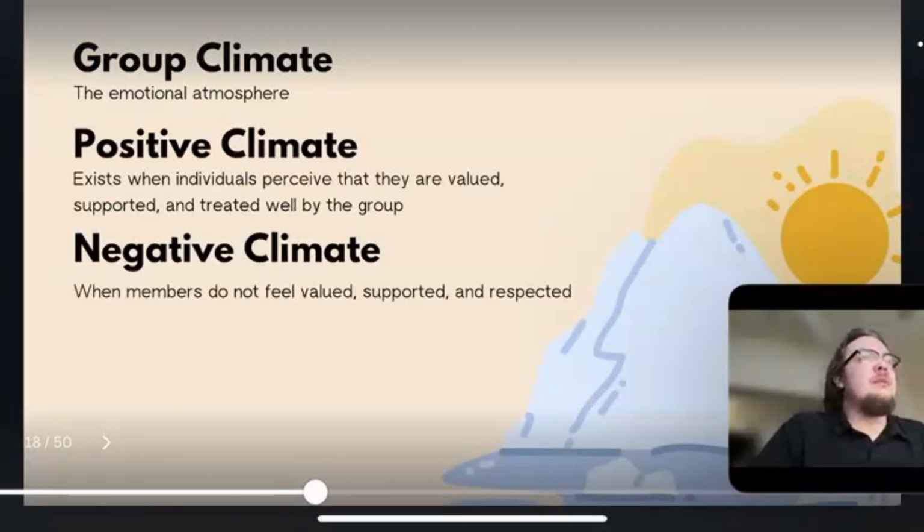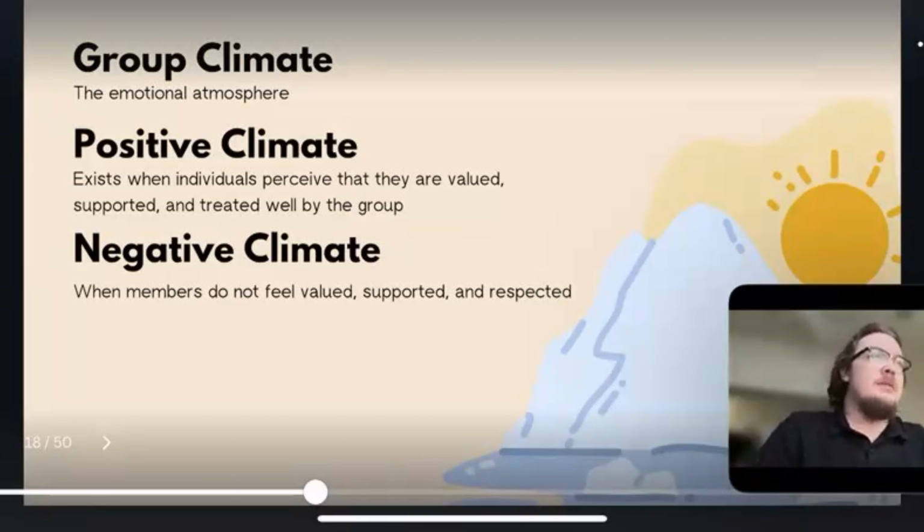It exists when group members do not feel valued, supported, and respected, when trust is minimal, and when members perceive that they are not treated well. So basically what this is saying is when we're interacting in our groups, we have a group climate that is emotional. Emotions are very much at the forefront. So we can either create a positive environment or a negative environment. And obviously we want to create a positive environment, right?